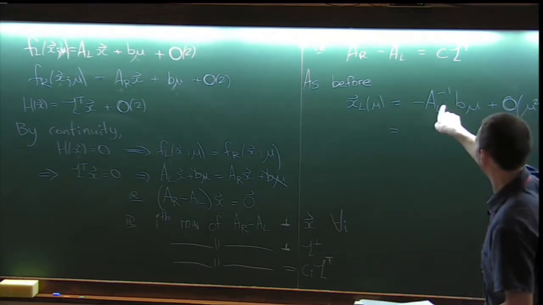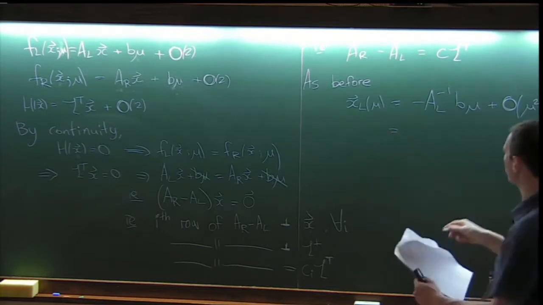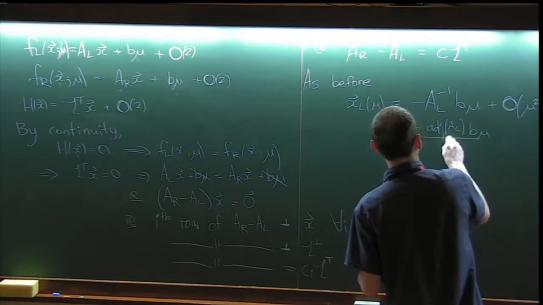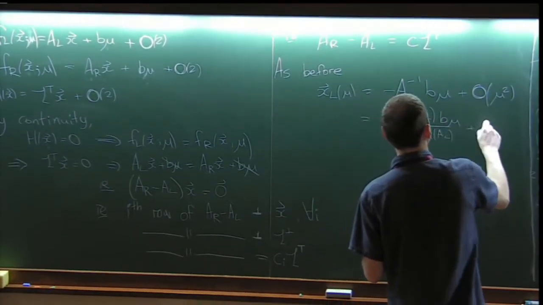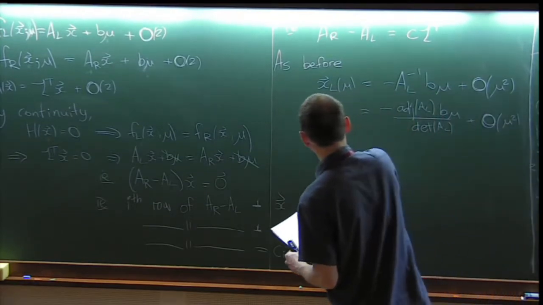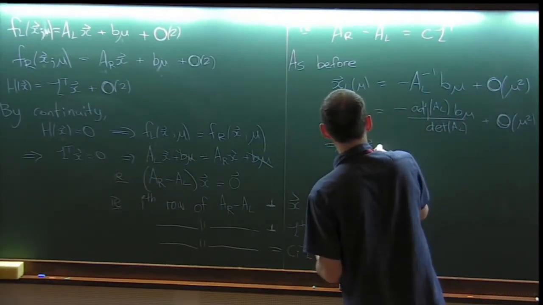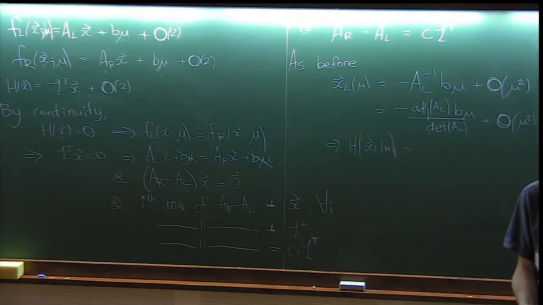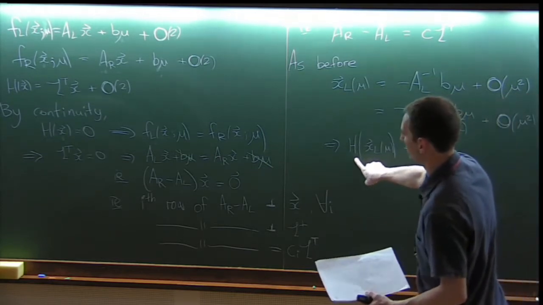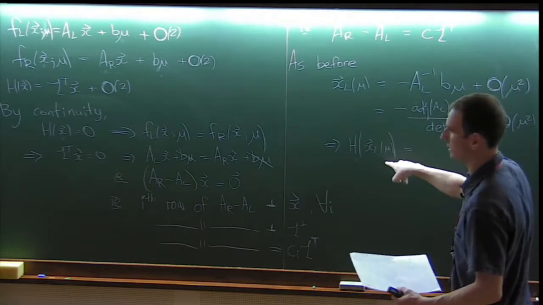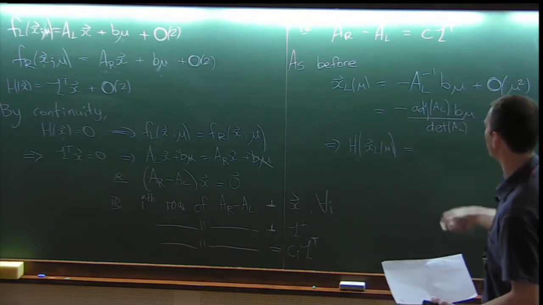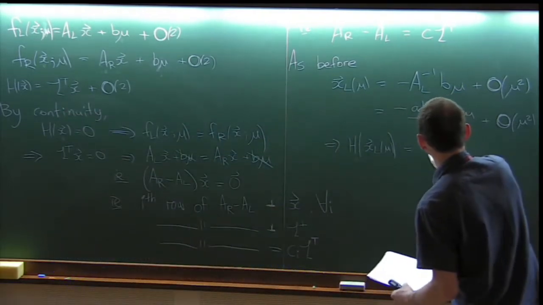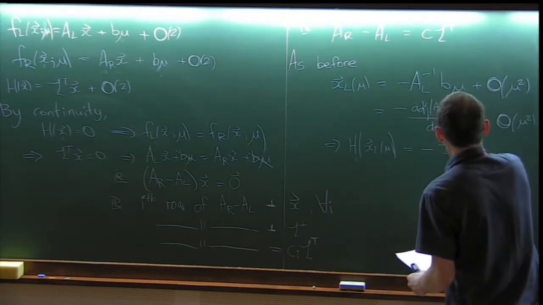I like to write the matrix AL inverse as the adjugate divided by the determinant. And we want to know, is this equilibrium admissible or virtual? It's admissible if H of XL is negative. It's virtual if H of XL is positive. H is zeta transpose times this thing, so zeta transpose adjugate.